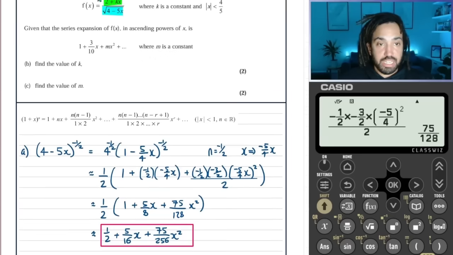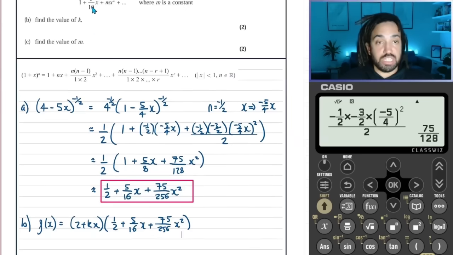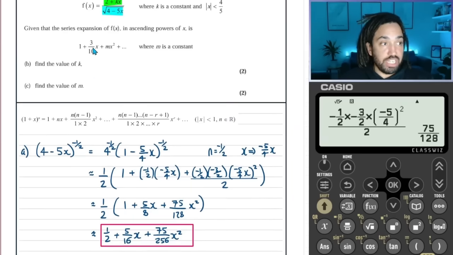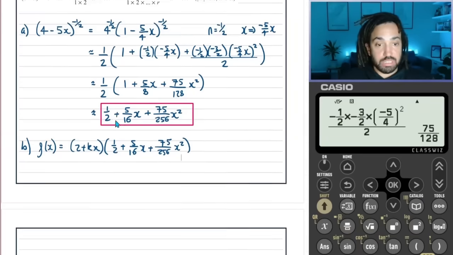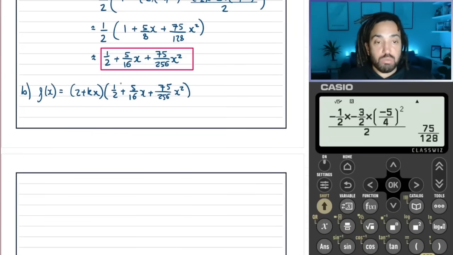Well, it says here that when we do this expansion, we know we're going to get a 1, and we're going to get a 3 over 10 for x. So given that we know this coefficient, they told us that coefficient, let's find what the x coefficient is when we expand out our bracket. Well, how are we going to get to the x coefficient?